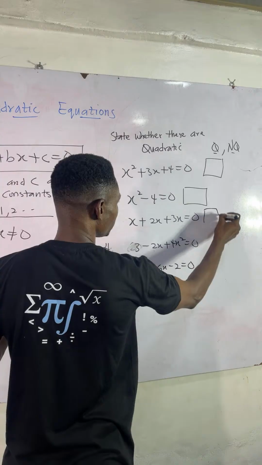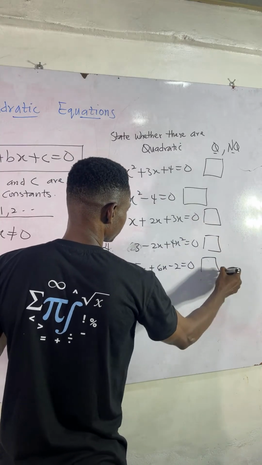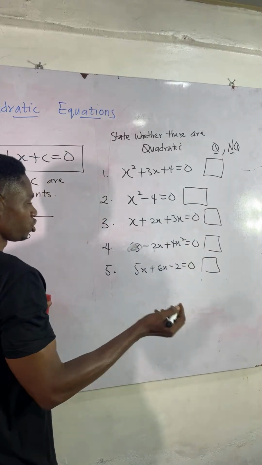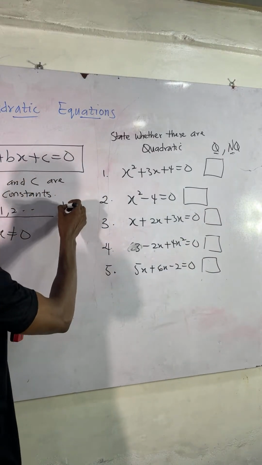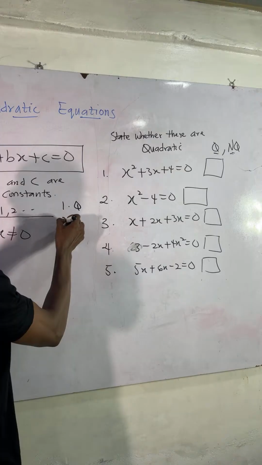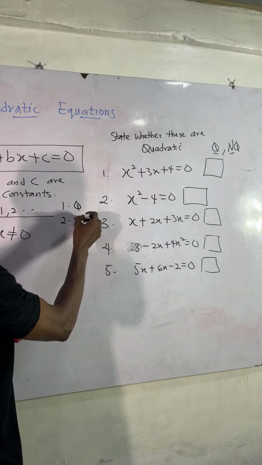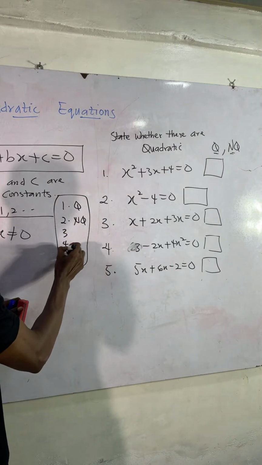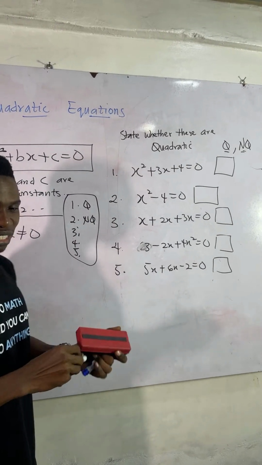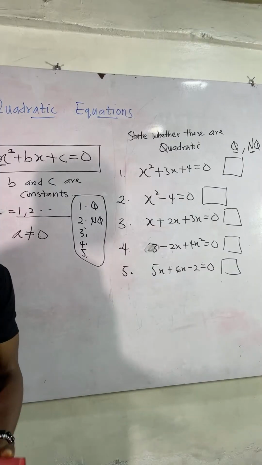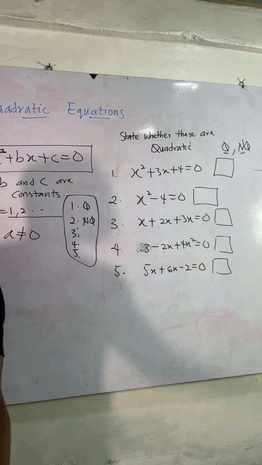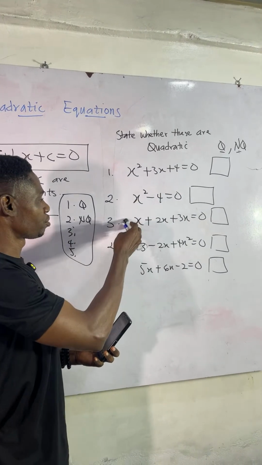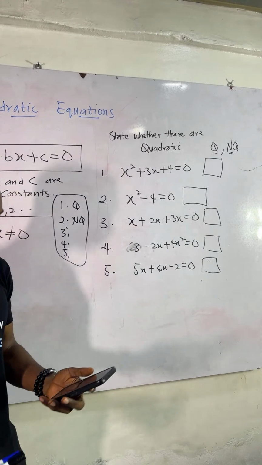So just tell me either Q or NQ. Type 1 Q, 2 maybe NQ, and so on. I'm expecting your 1, 2, 3, 4, 5. Tell me whether or not these equations are quadratic.